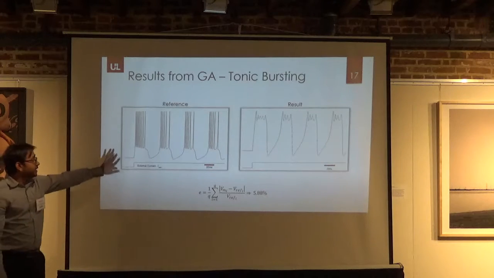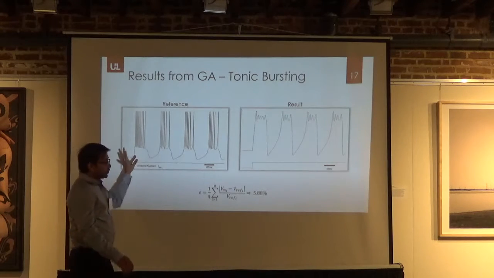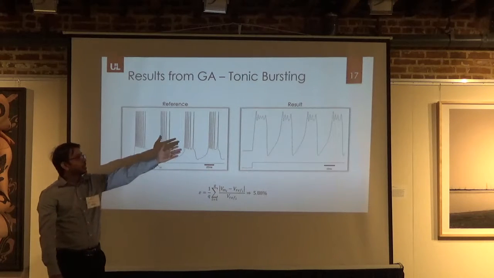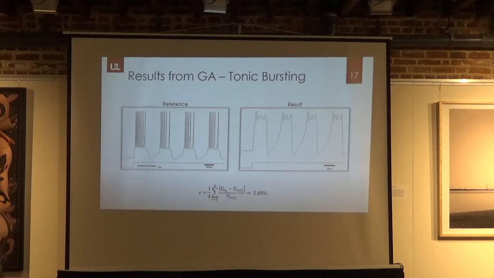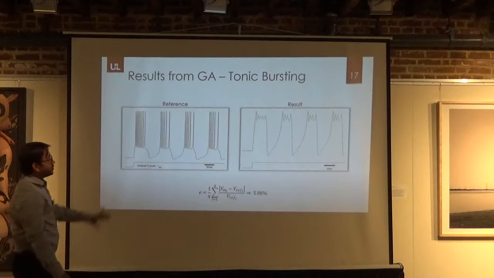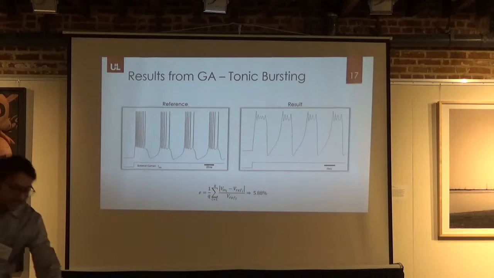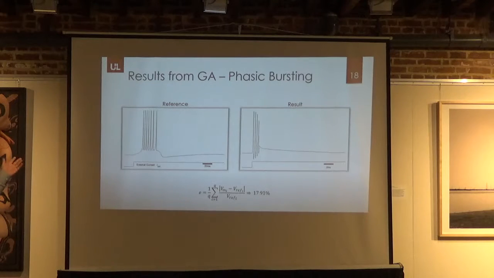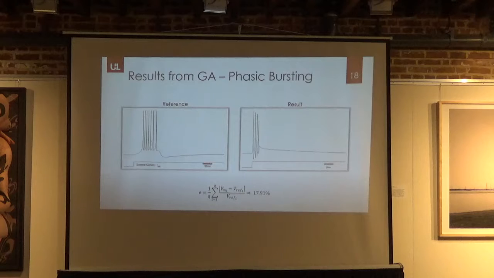Ultimately, this is the target I was going for, which came from a Izhikevich model, and using the optimized parameters, I was able to get that result using the Hodgkin-Huxley model. If I calculate the mean percentage error between these two, it gives me a 5.8% error. This is my second target, and this is the result I got from the Hodgkin-Huxley model with optimized parameters.